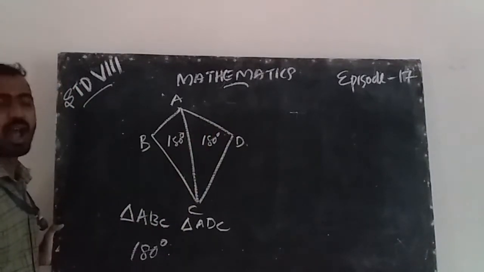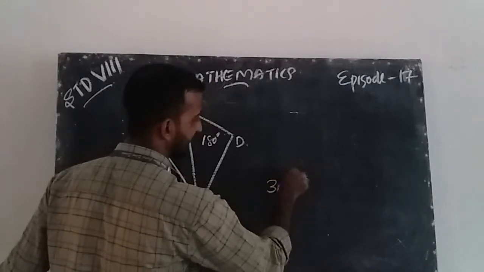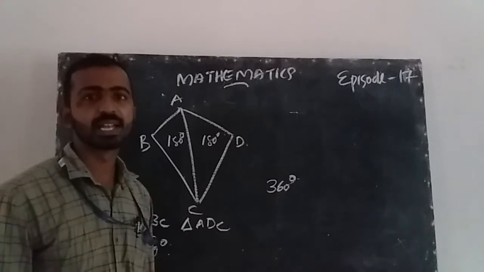What is the total angle sum of the quadrilateral? We get 360 degrees.